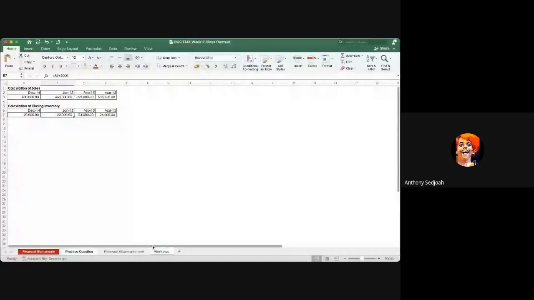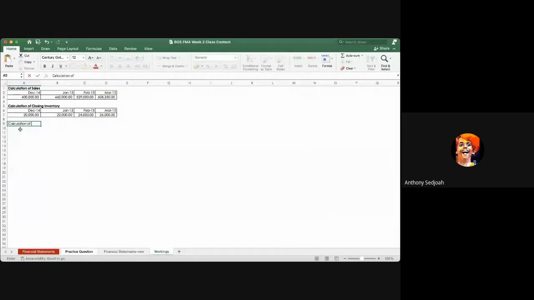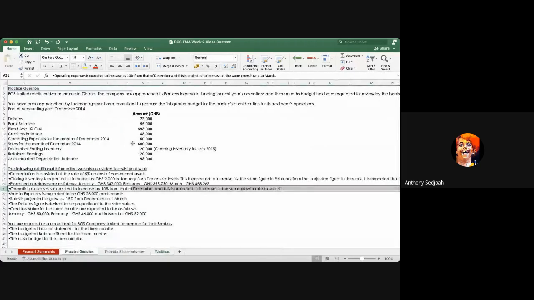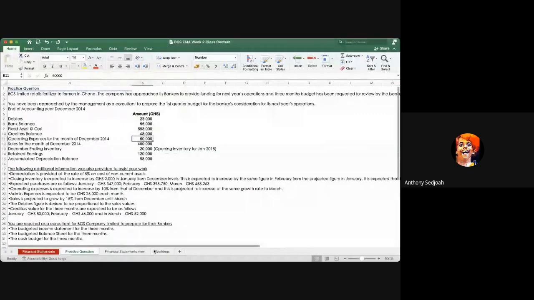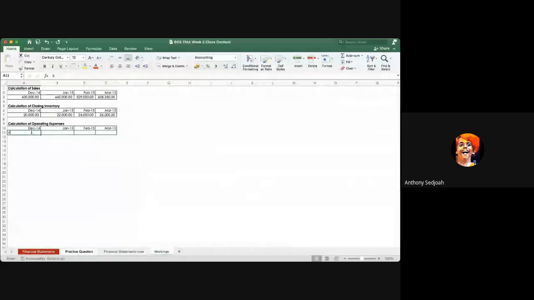So let's go and calculate. In the workings tab, we'll do calculation of operating expenses, and then we will use Control B to bolden it. So for December 2014, operating expenses is 60,000, and it's expected to grow by 10% each month.